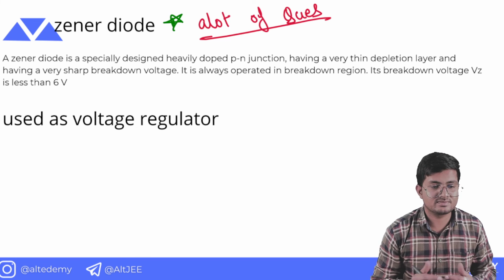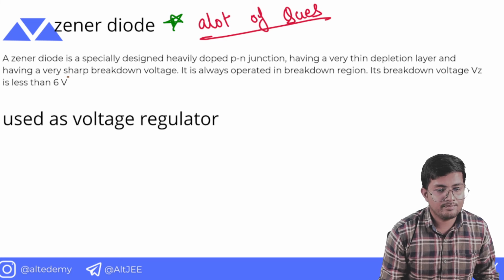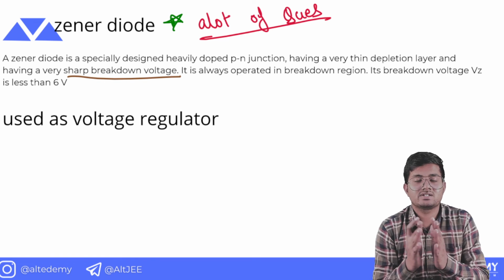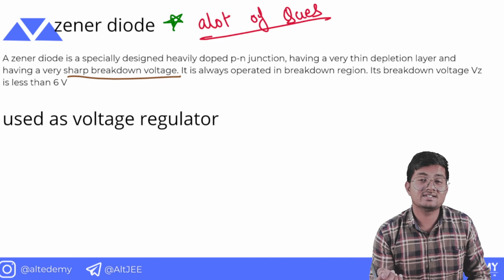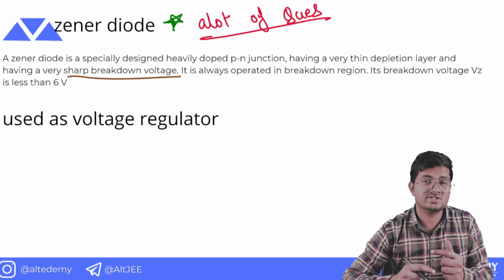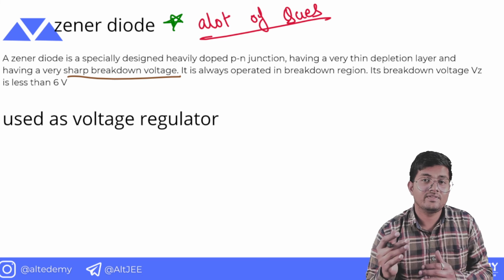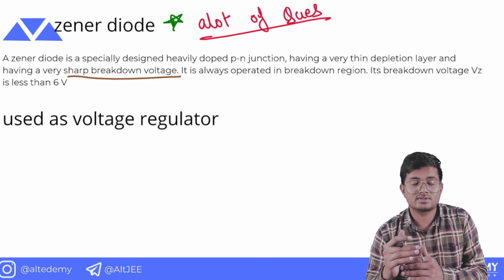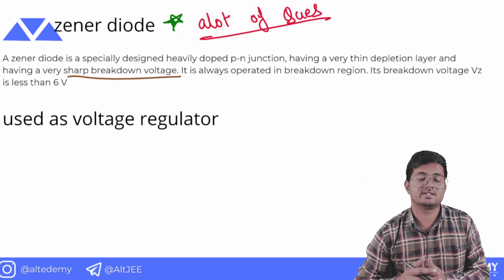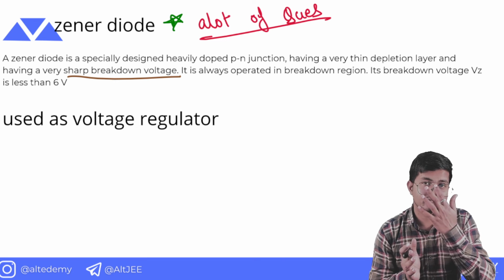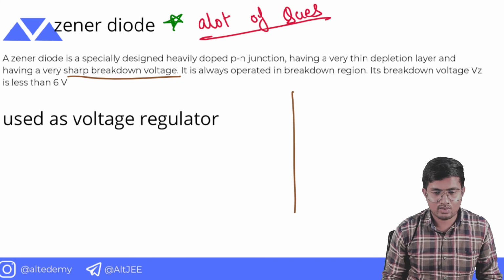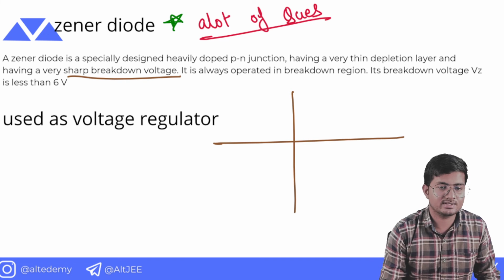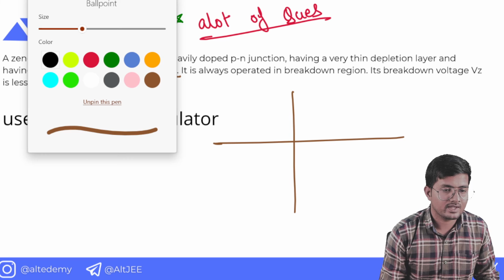When it is reverse biased, the potential barrier or the depletion layer breaks, due to which there is a very high surge in the current, and the potential difference remains constant while the current increases drastically. So the current is increasing, but there is no such increase in the voltage.